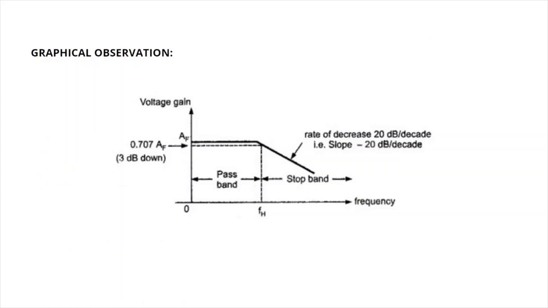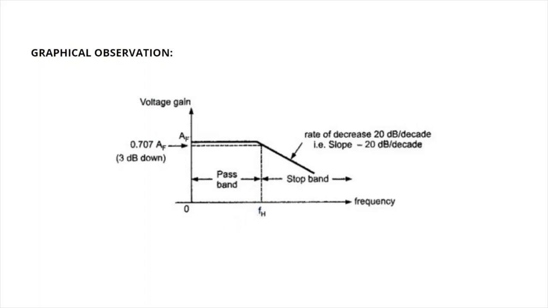We are expecting this type of curve, and here you can see we have frequency on the x-axis and voltage gain on the y-axis. Voltage gain is nothing but the magnitude of V out divided by V in. So here we have AF, which is constant below the frequency FH. FH is nothing but the cutoff frequency.